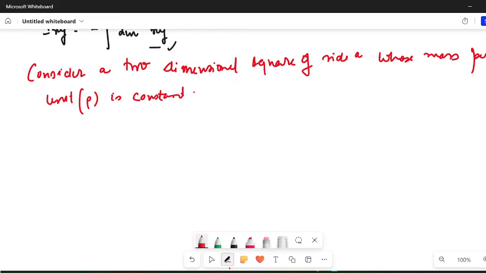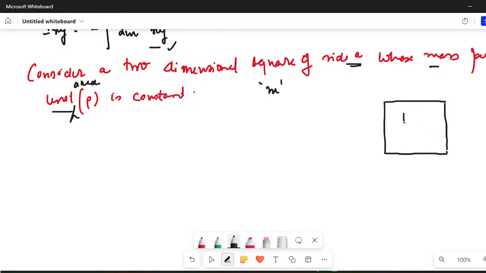So now it implies that the density is constant, right? So mass per unit area, rho, is constant. Now let us take the mass in general as m. I have already stated the side A. Now for a square, what do you think a small mass would be?